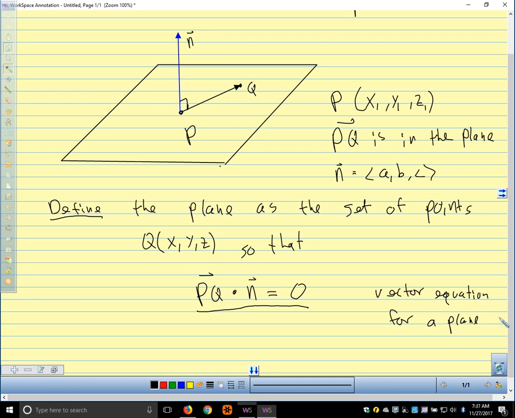No matter where we draw that vector from P to Q in the plane, as long as those are orthogonal to a particular vector, they're going to be coplanar. All right, so this is nice, but we want a different form. It's going to be more useful for what we're going to do.